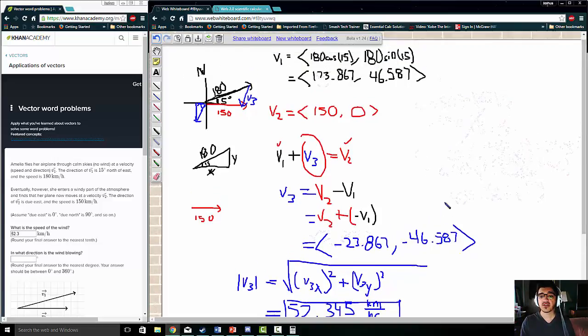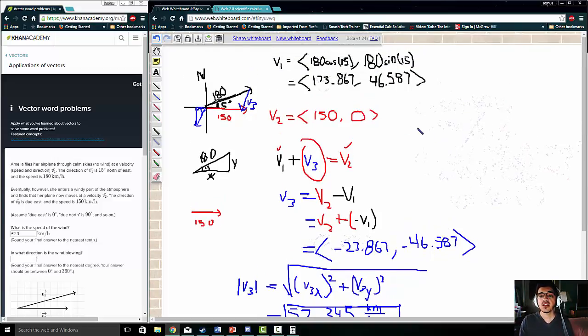That's one of the first things we had found. So theta would then be equal to tangent inverse of negative 46.587 over negative 23.867.